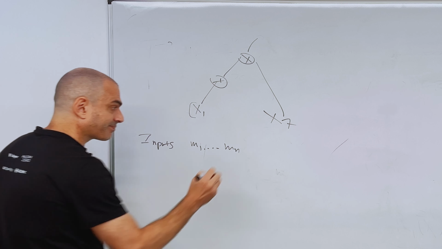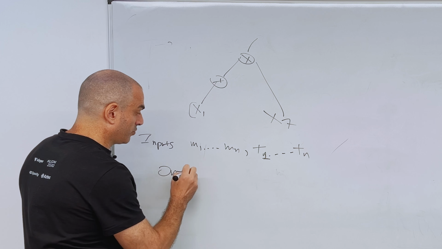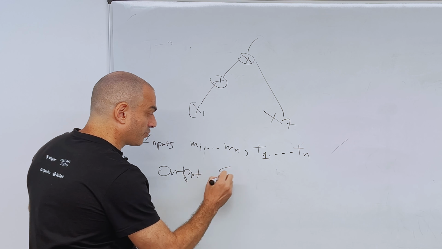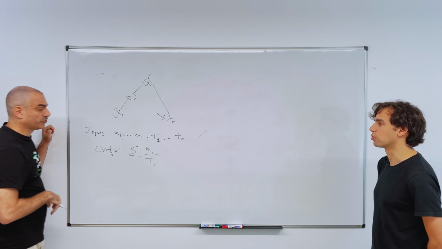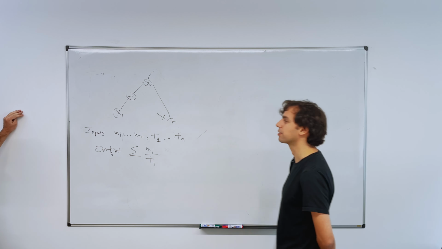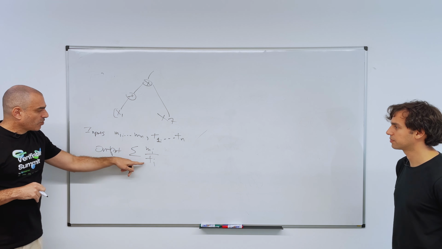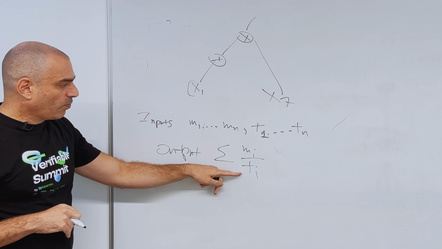We also had the challenge beta, but let's say we want the output to be this fractional sum of m_i over t_i. Here we're simplifying: say beta is 0, and we're forgetting the f, but it would work in the same way. So now we want a circuit where these are the inputs, and this is the output.